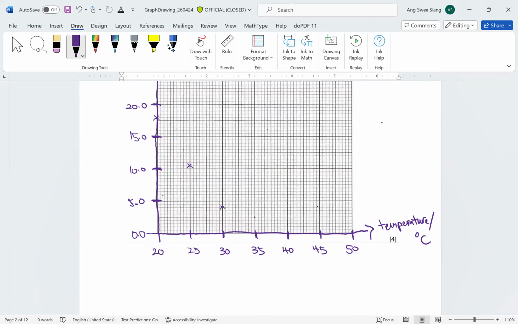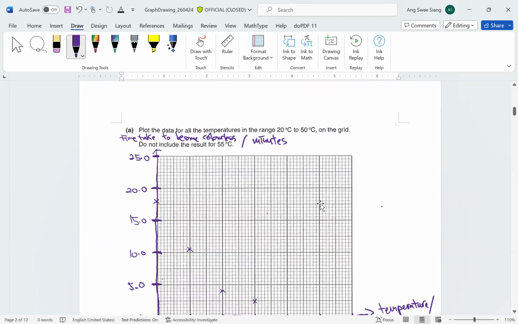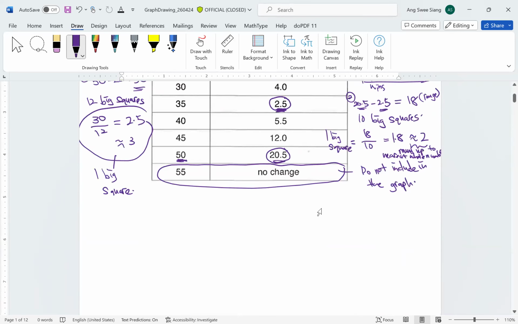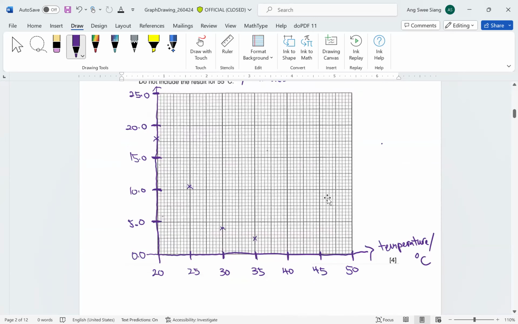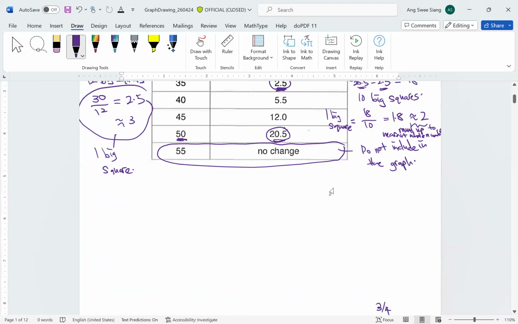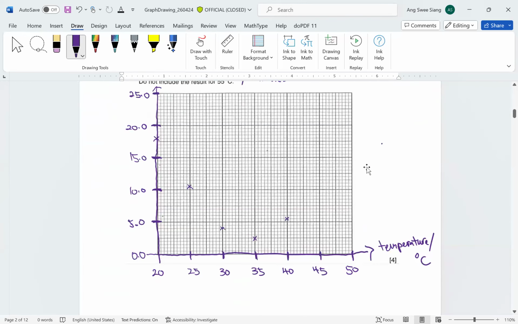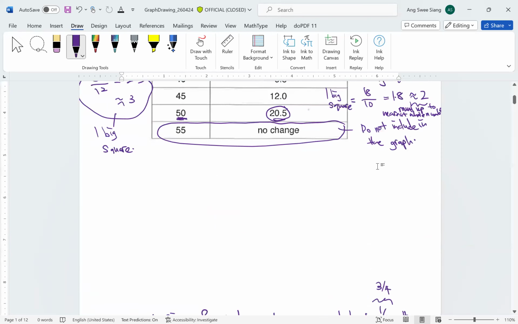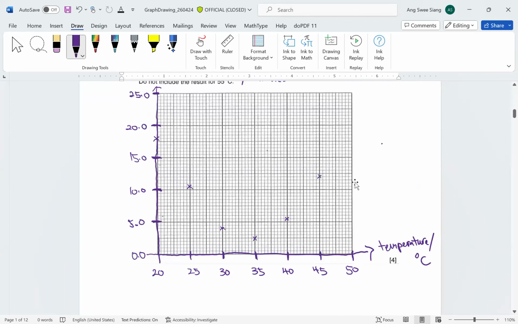Okay, 2.5 will be here. Then 40 is 5.5. Then 45 is 12. And 50 is 20.5, so it should be here.